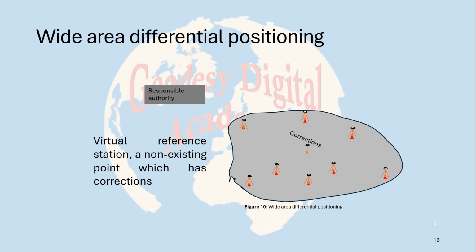As I explain again, I already have the corrections. I need the reference station just to compute the corrections. But if at any point I can get these corrections from the responsible authority, then I can say that I have a virtual reference station. So this is a station which does not exist, but I have the corrections.